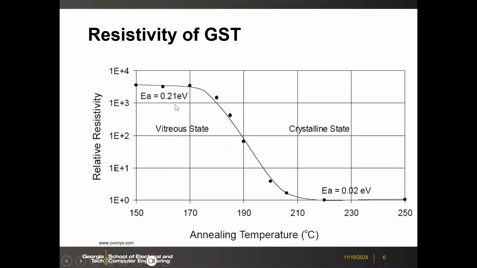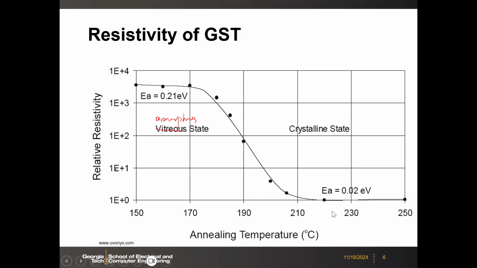So here, for example, this amorphous state, as people usually call it. If you gradually ramp up the temperature, you see the resistance or resistivity of this material gradually go down to the crystalline phase. Okay, so the amorphous state always corresponds to higher resistance, and the crystalline phase corresponds to a lower resistance.